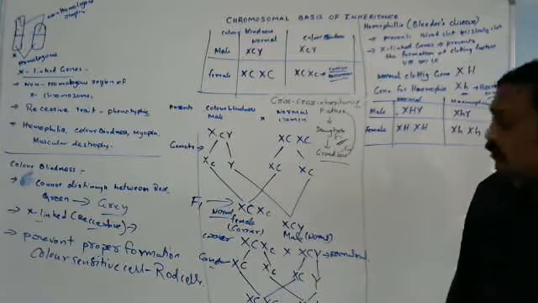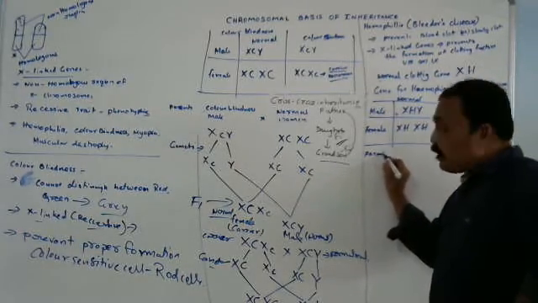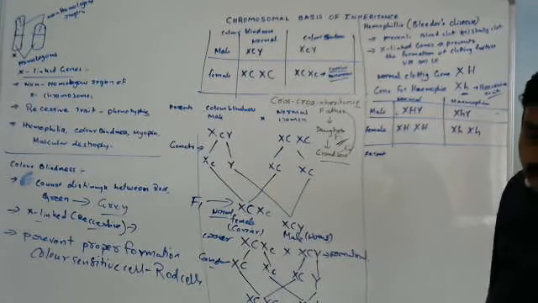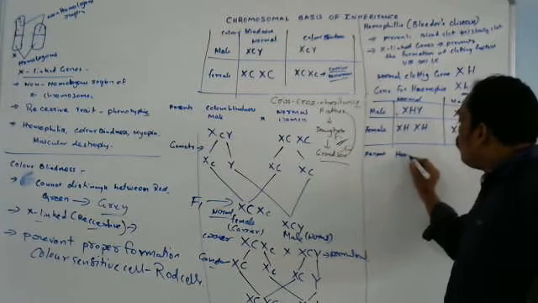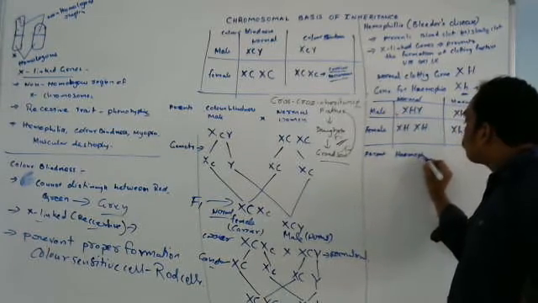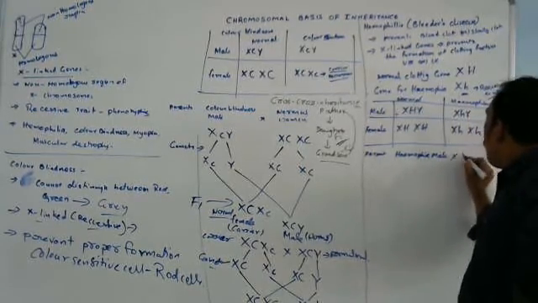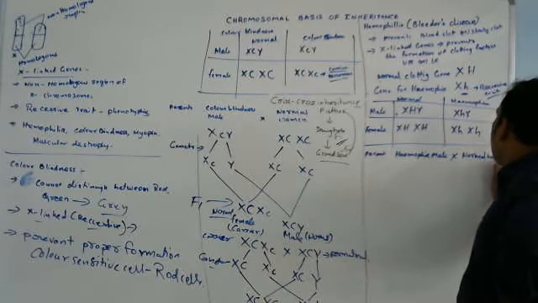For example, we have to take one set of parents. How were the parents? A hemophilic male married a normal female.